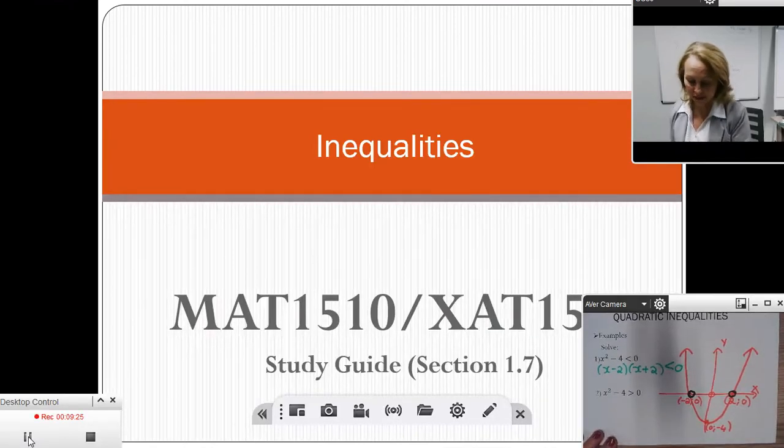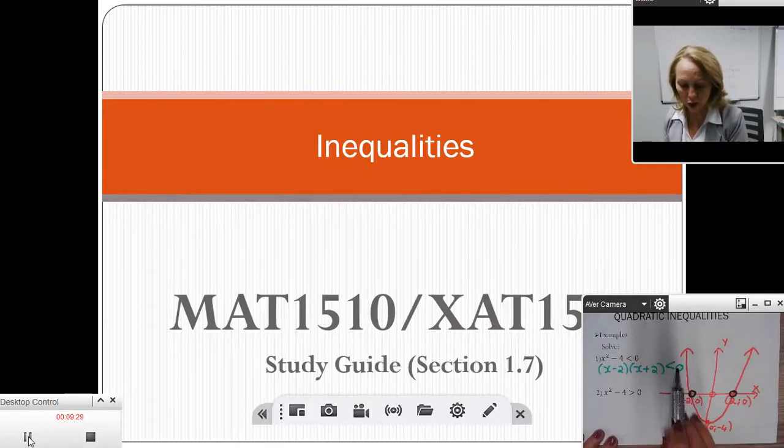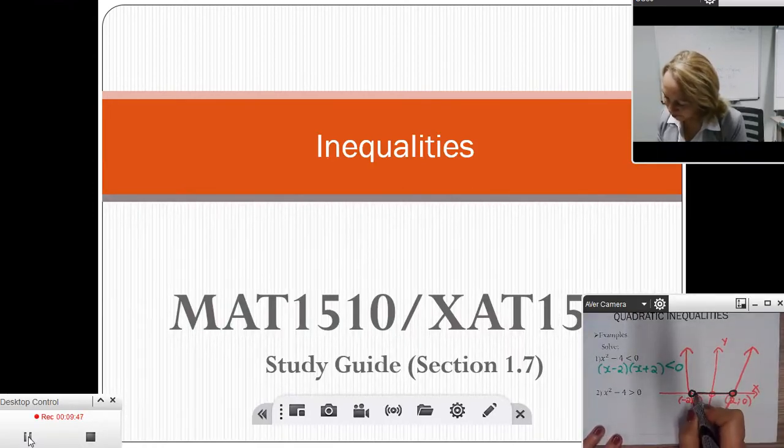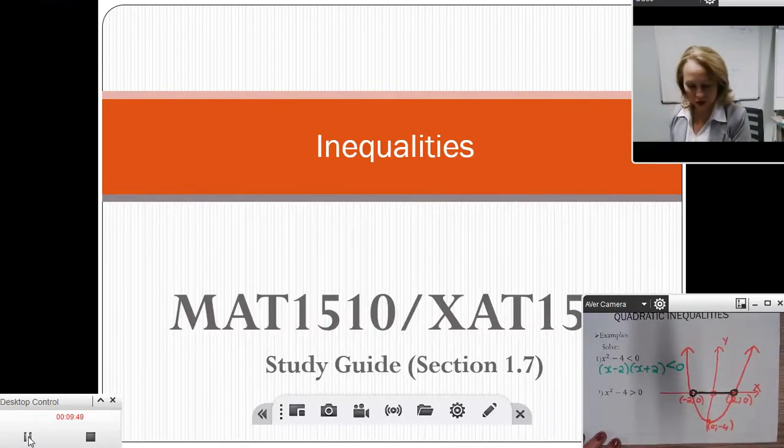I'm interested in that part of the graph which lies below the x-axis. All right, so can you see that this part of the graph here lies below the x-axis? So for which x values does the graph lie below the axis? Well, clearly it has to be from -2 to +2. All real numbers from -2 to +2, not including the endpoints.